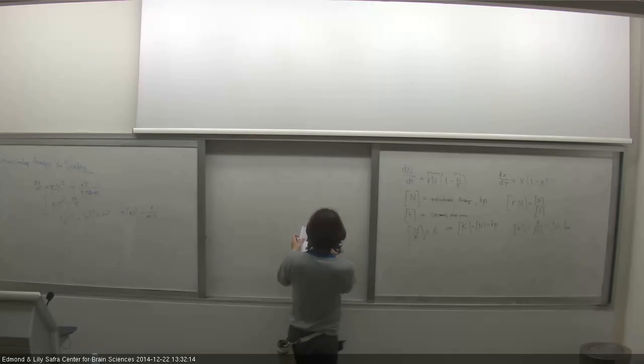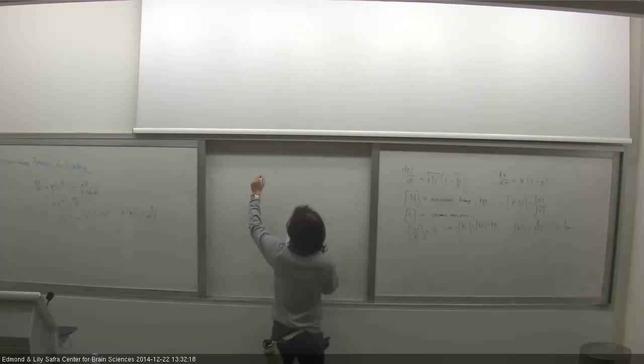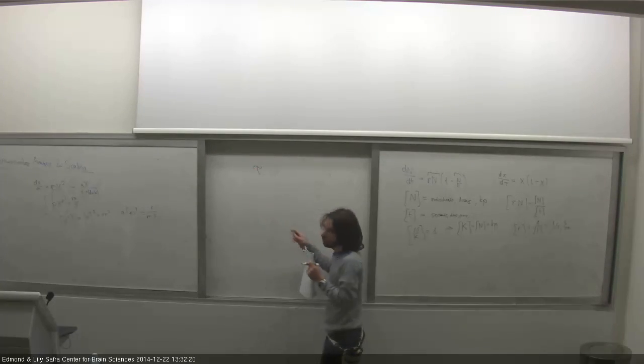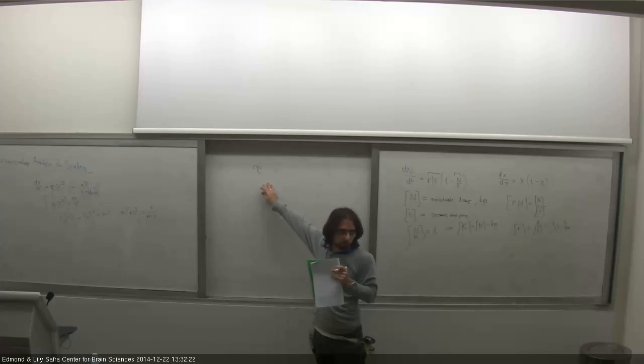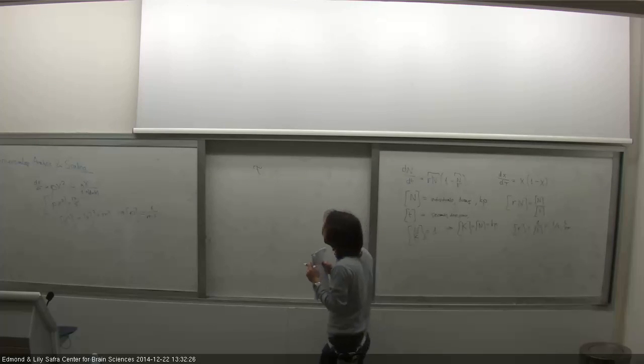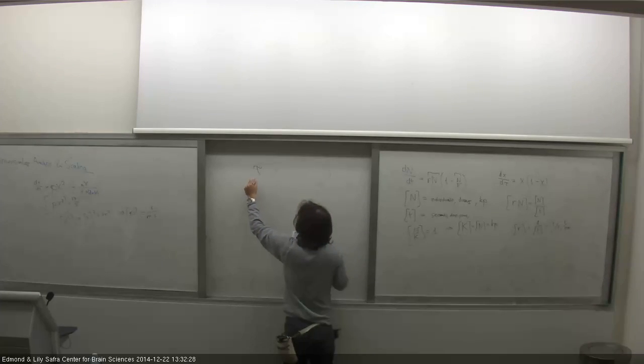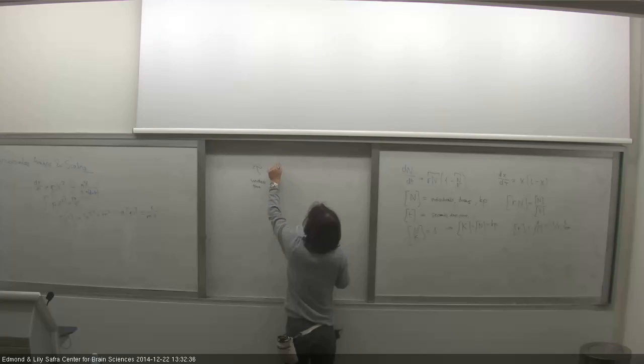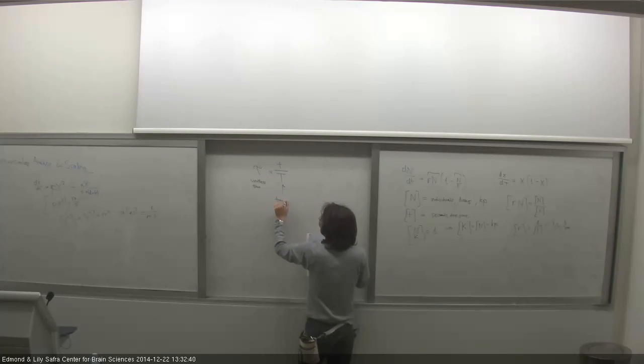And so I could make up a new variable, tau. This is time, but on the relevant time scale. Okay, this is unitless time. And I write that it's t over some time constant.